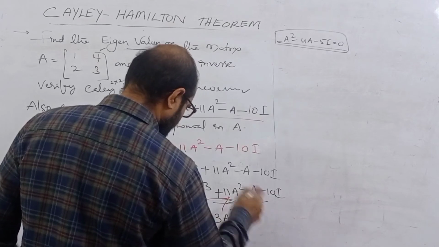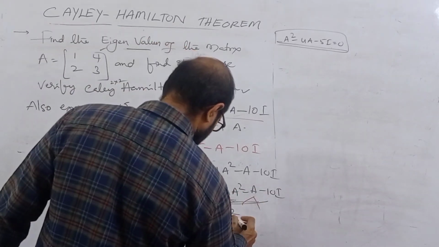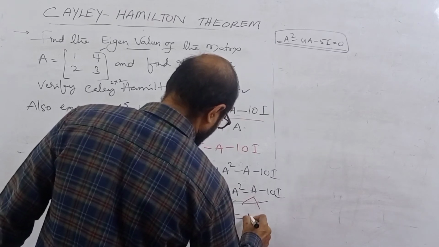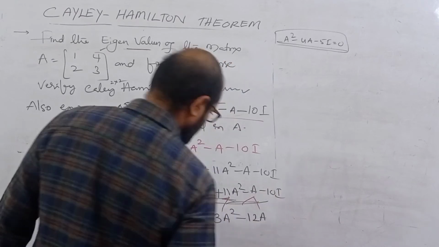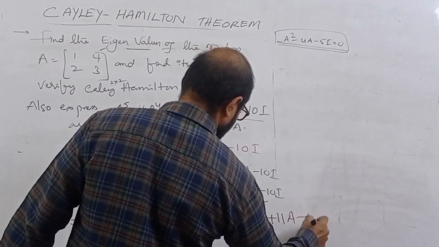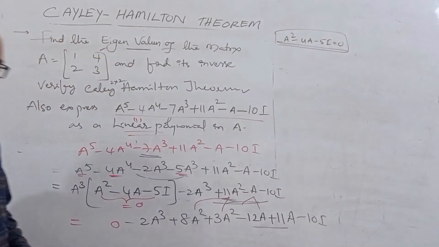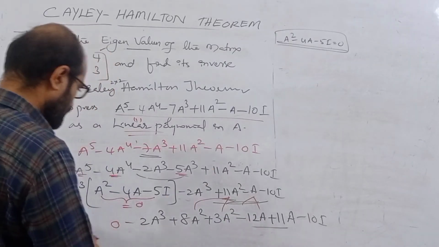And minus A, I want to split. How can I split? Minus 12A plus 11A. Can I write like this? Minus 12 plus 11 is minus A only. Let us see whether it is useful or not.